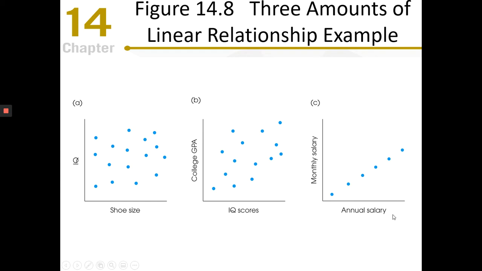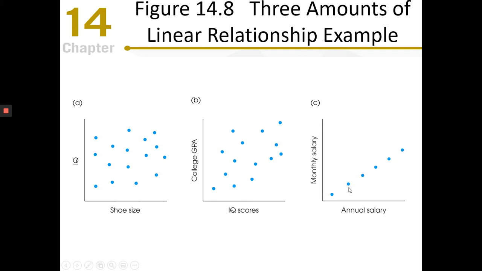And then here, look at monthly salary and annual salary. Ask yourself what sort of correlation this is. Hopefully you said it's a perfect positive correlation. It should be, actually, because these two are just the same thing, looked at differently over a year versus a month. So it looks perfect because it's all lined up.